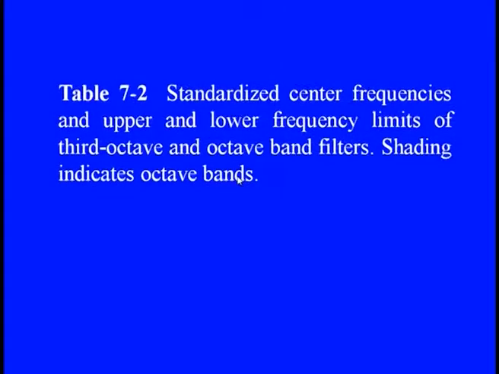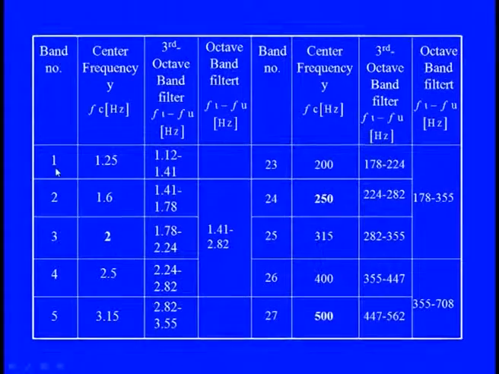So now we can standardize the central frequencies and the upper and lower frequency limits for third octave band and octave band filters. If I talk about the band number, say band number 1, the central frequency can be 1.25, and the third octave band is 1.12 to 1.41.